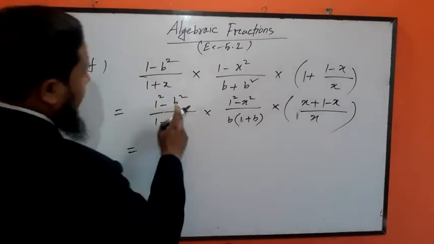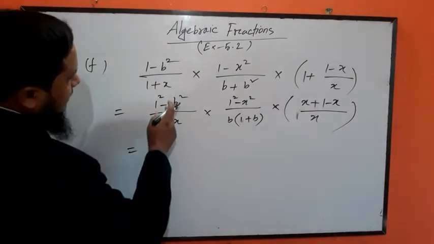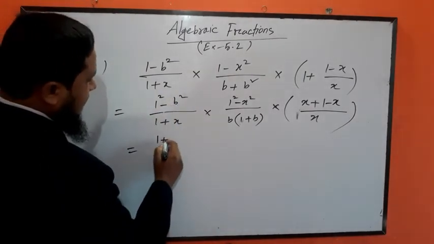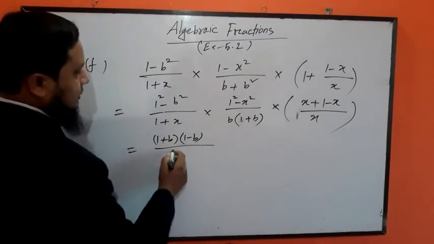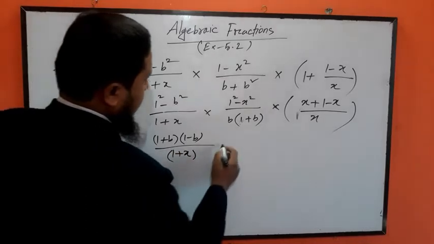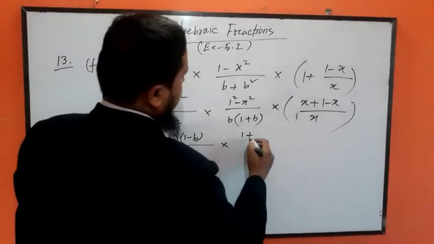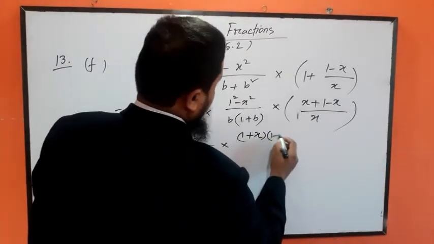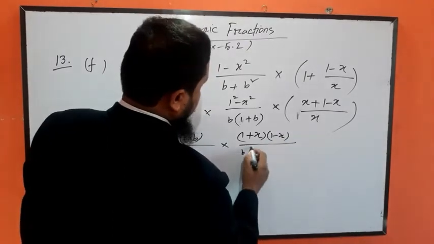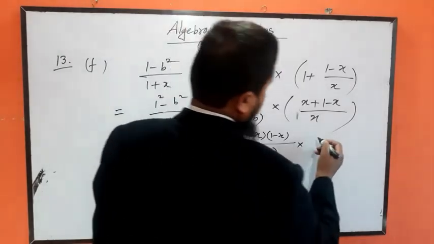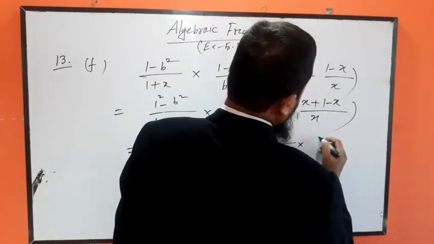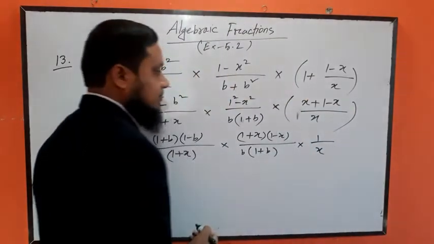Now this is a square minus b square formula. We can write 1 plus b, 1 minus b. And this one, 1 plus x, and here the same thing, 1 plus x, 1 minus x, and here 1 plus b, and x is cancelled, we can write 1 by x.